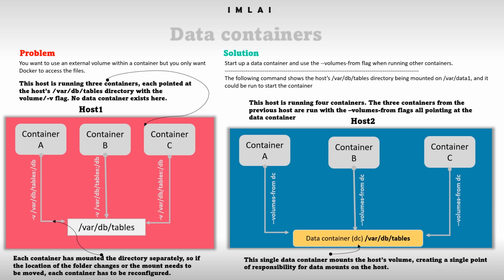Okay, the figure shows the structure of the data container pattern and explains how it works. The key thing to note is that in host number 2, the containers don't need to know where the data is located on disk. All they need to know is the name of the data container and they're good to go.